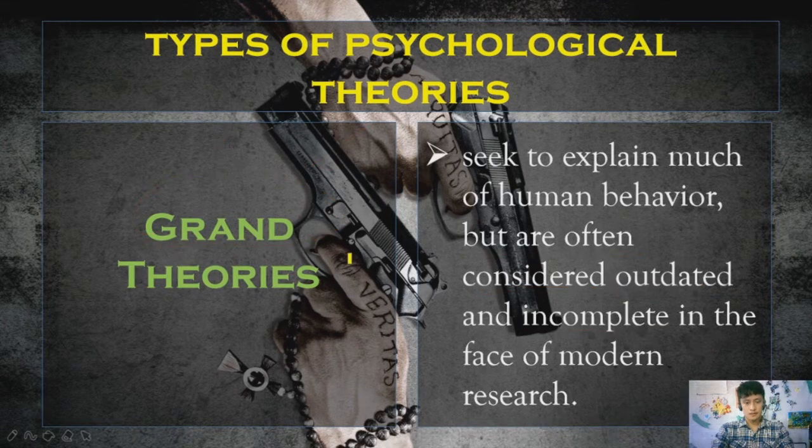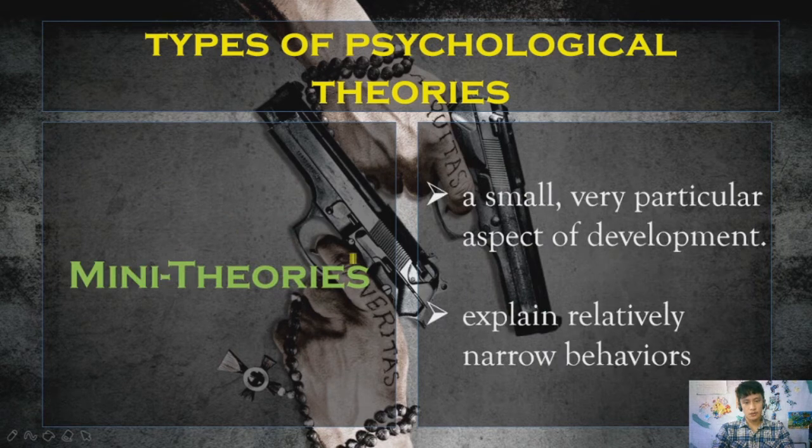So the next one that we have here is the so-called mini theories. When we say mini theories, it talks about a small or very particular aspect of development. It explains a narrow or relatively narrow set of behaviors, as the word mini suggests. The scope of this theory is rather small.